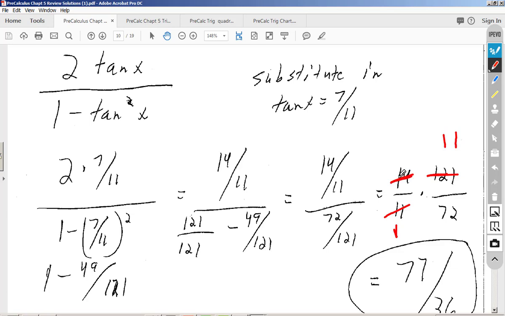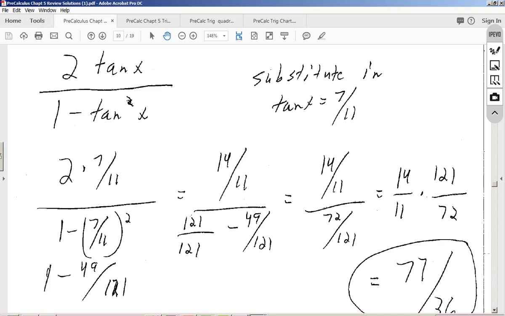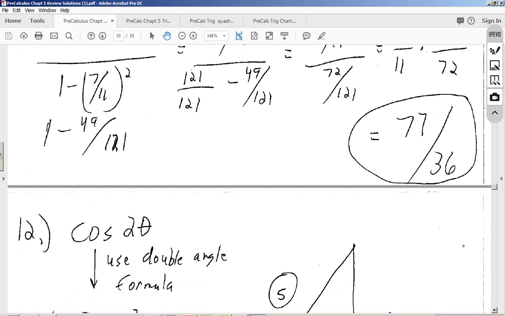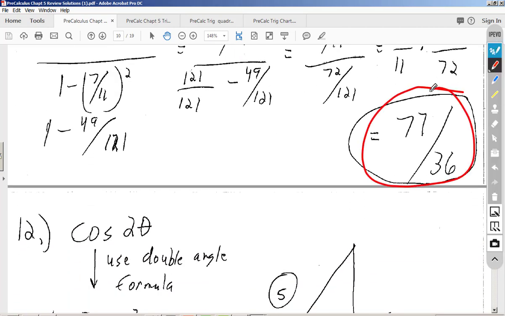This becomes a 7, and this is going to become a 36. So now I've divided both top and bottom by 2. Now I just take 7 times 11, I'm going to get 77. 1 times 36, I get 36. And that's going to be my answer. So here's my answer right here, 77 over 36, using that double angle formula.